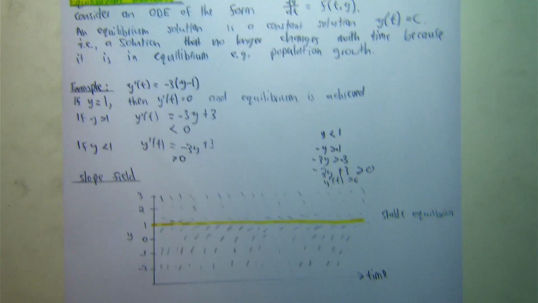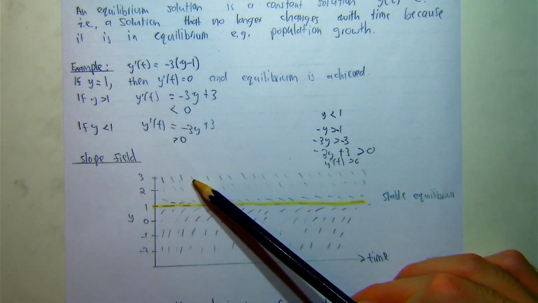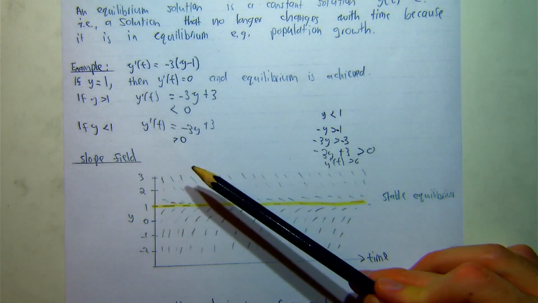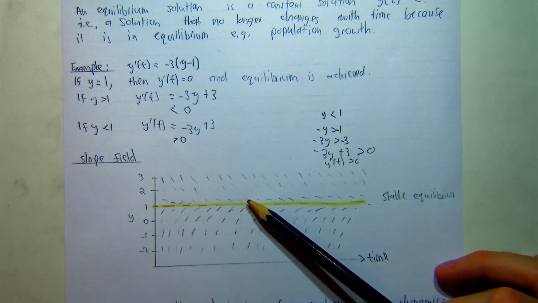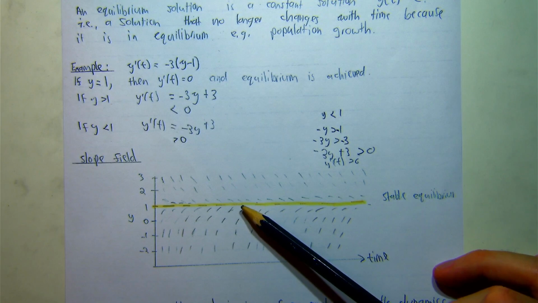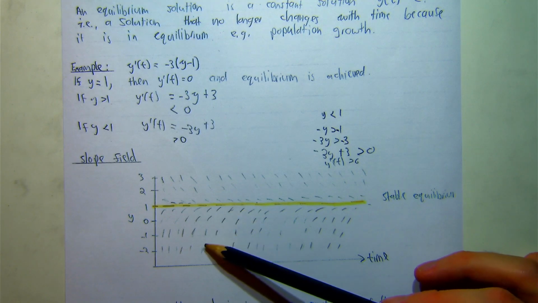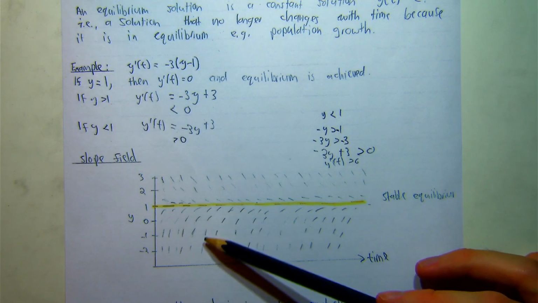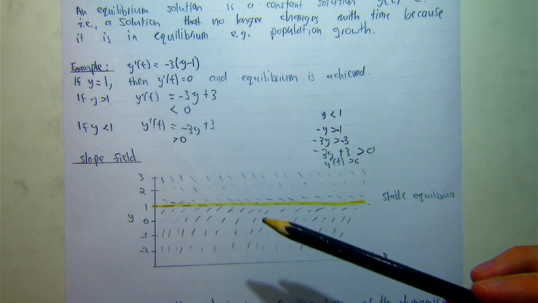What that looks like in this diagram is that the slope, which is the derivative evaluated at this level of y, will always be negative, heading towards our equilibrium of 1 if it is starting off larger than 1. And if the y value is less than 1, it'll be positive, heading towards the equilibrium as well, increasing in value towards y equals 1.